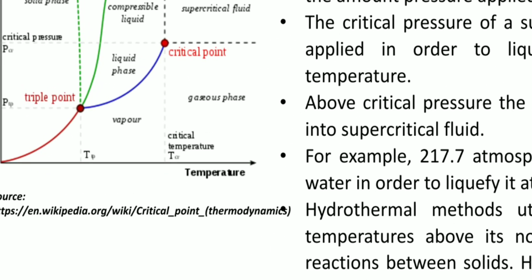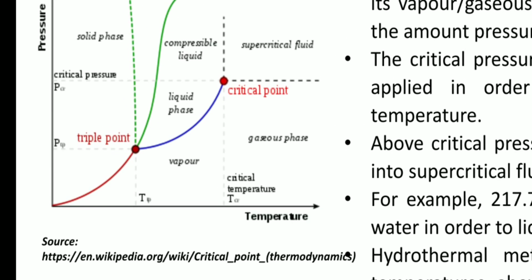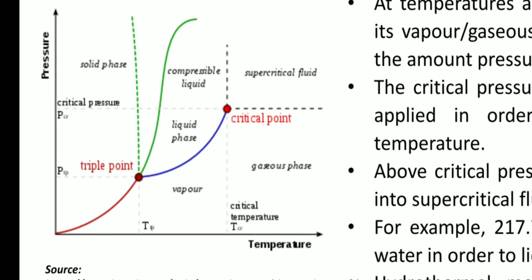Below this critical point, there is a region where the liquid phase is present, but above this critical temperature, the water will be either in the gaseous phase or in the supercritical fluid, depending upon the pressure of the system.